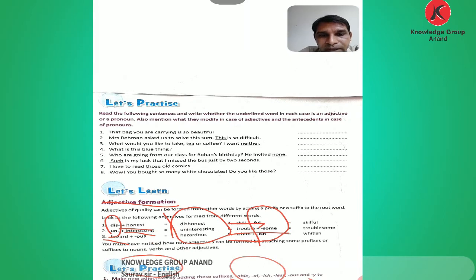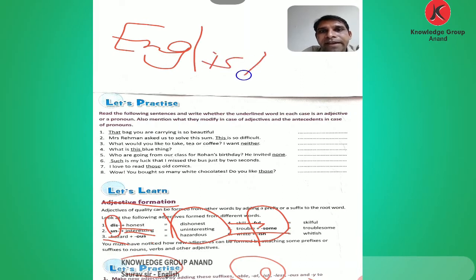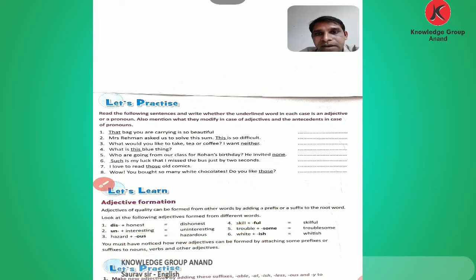So what do we add? ISH. What is the word given? England. So we can say English. Remove this ending, ENGL, and add ISH: English. We could also say Englandy, only adding Y, but here it is English.